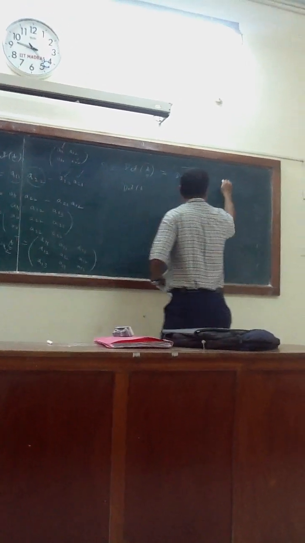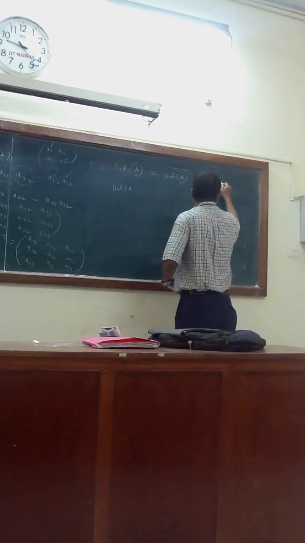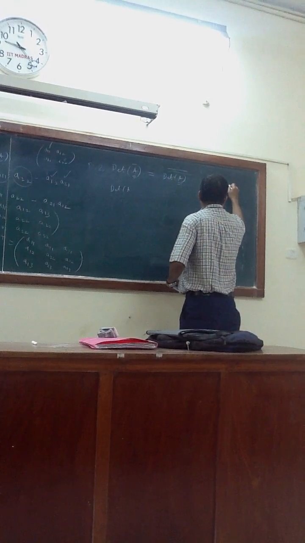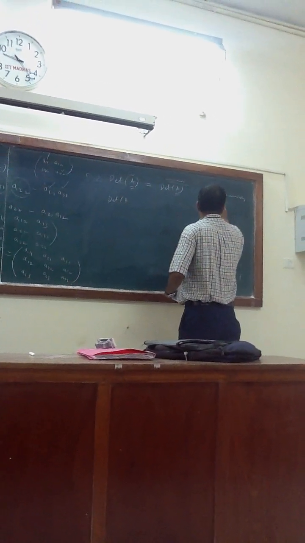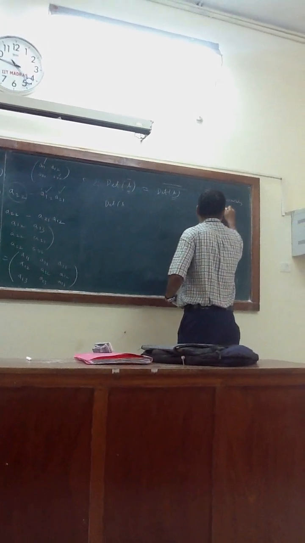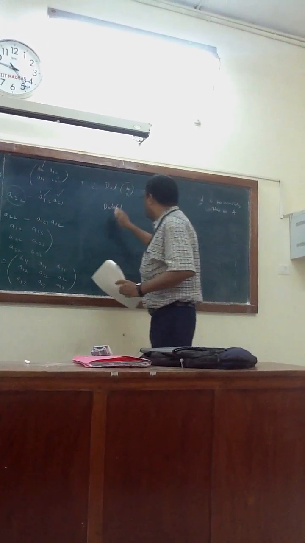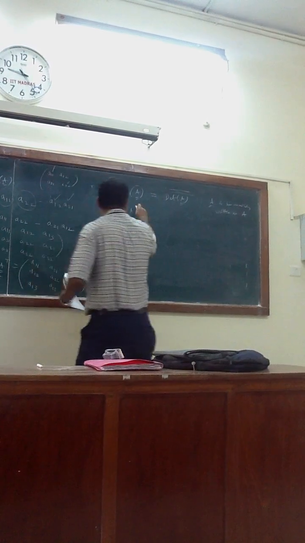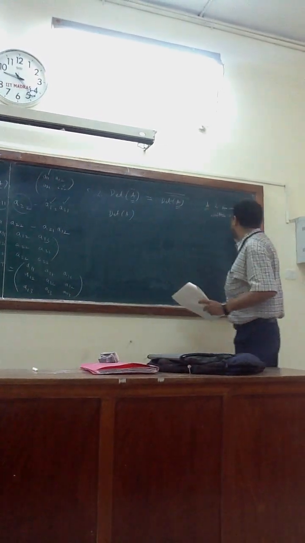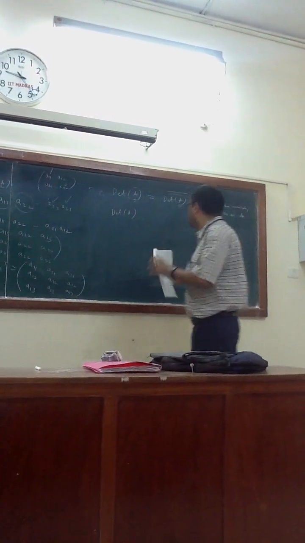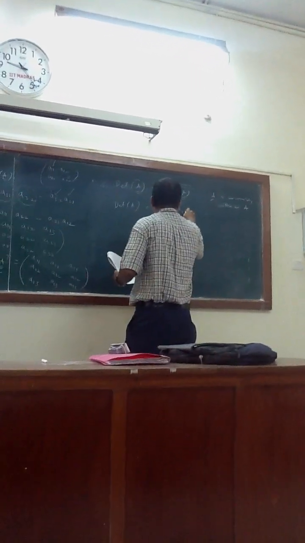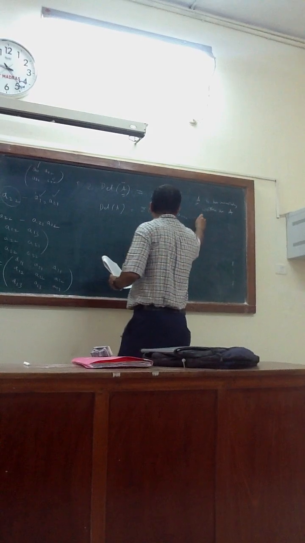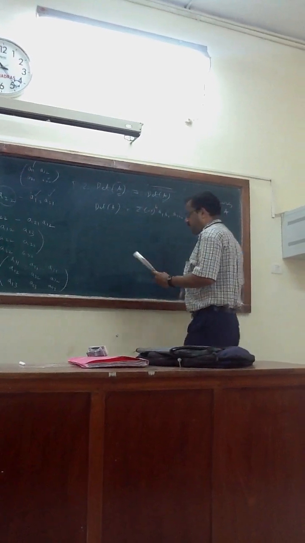I will write A bar from now onwards simply as A, because I don't want to write A double bar all the time. In lieu of A double bar, I am writing A. This is minus 1 to the power h, A1K1, A2K2, up to AnKn.